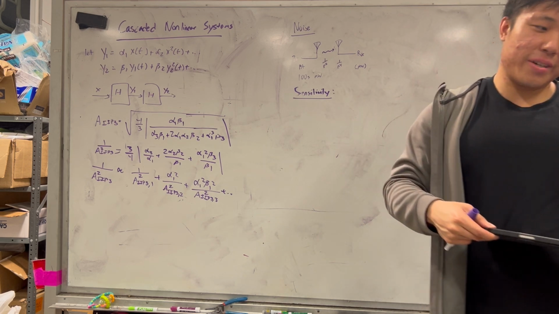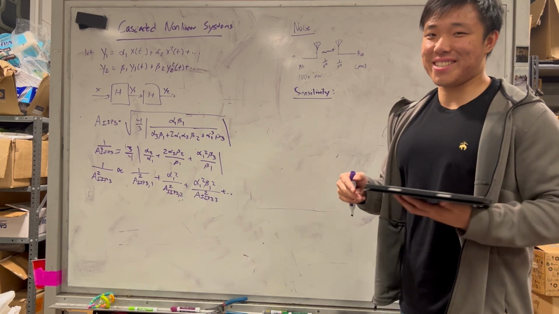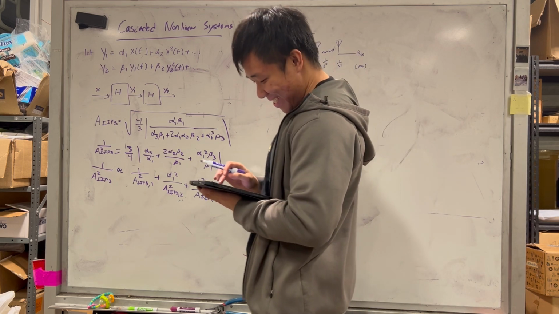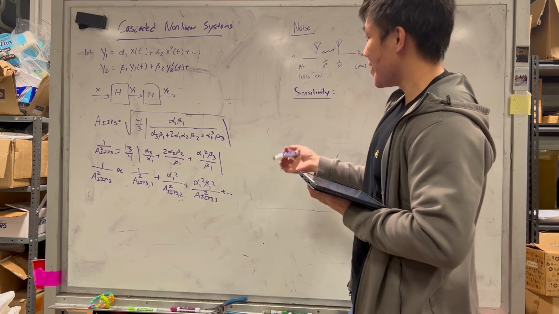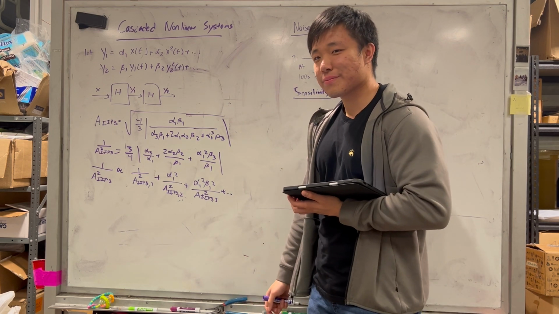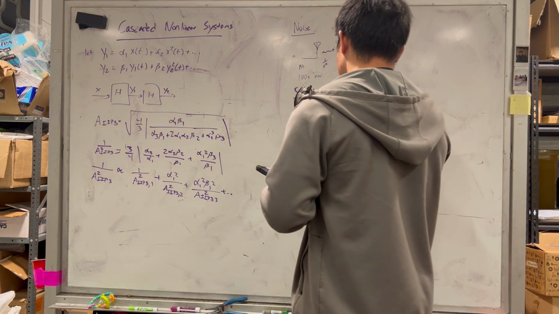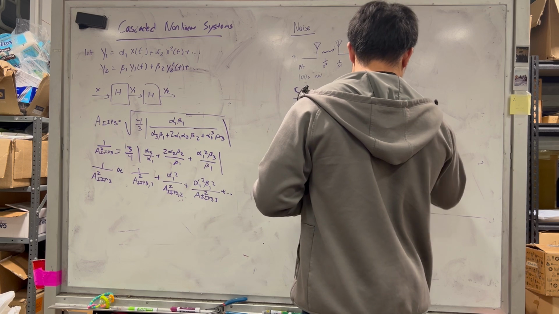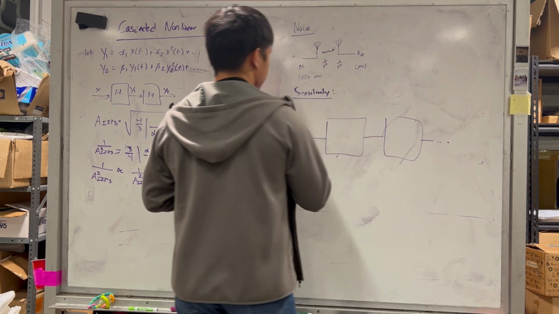Last thing I want to talk about before I wrap this up is, since we kind of talked about what you expect when you cascade a bunch of nonlinear systems, right? Let's say I have a bunch of systems like this, and I have the input here.